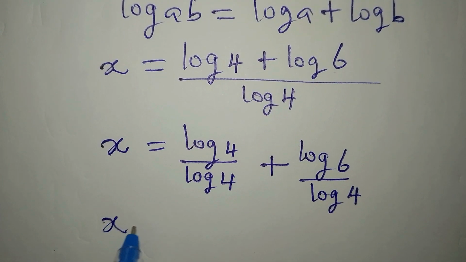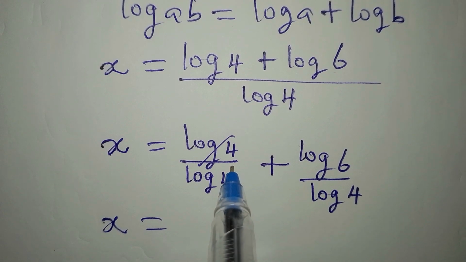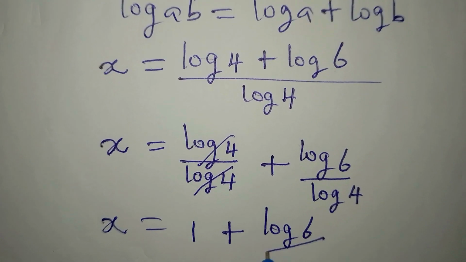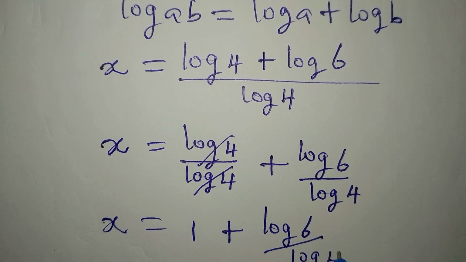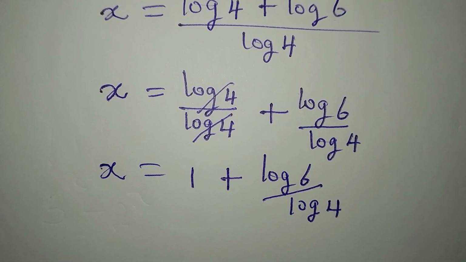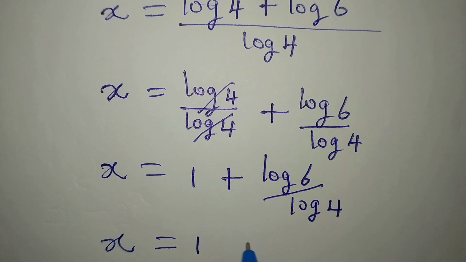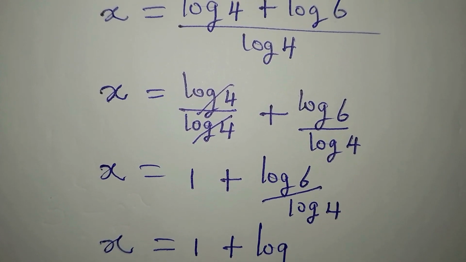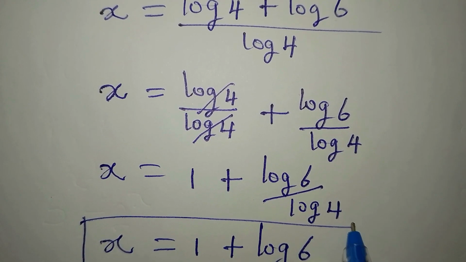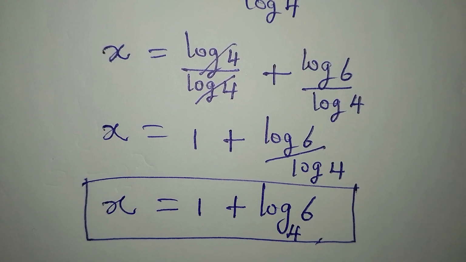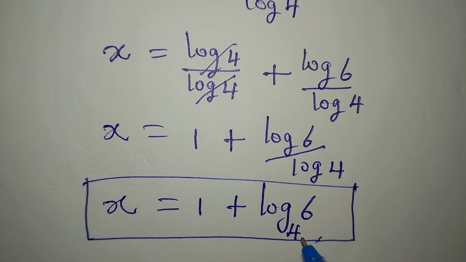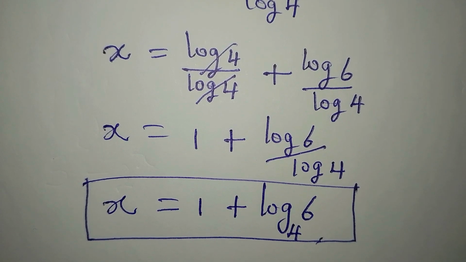So that if we continue, log 4 will cancel log 4, so we have 1 plus log 6 divided by log 4. Now from here we can say that x is equal to 1 plus log 6 to base 4. What I've done is called change of base. Okay, log 6 divided by log 4 is the same thing as log 6 to base 4, right? So this is the value of x.